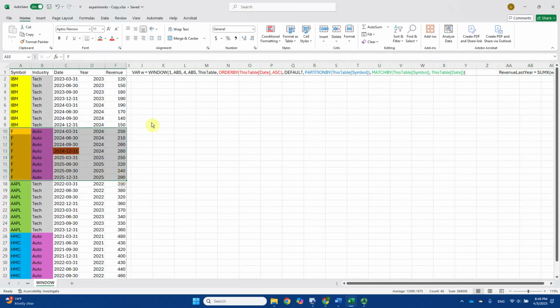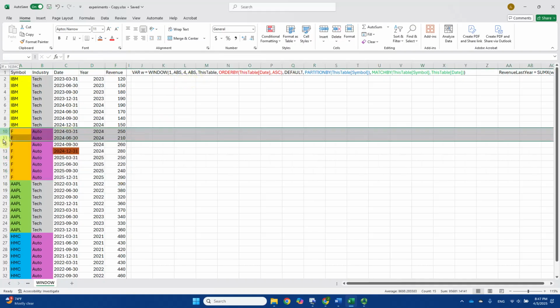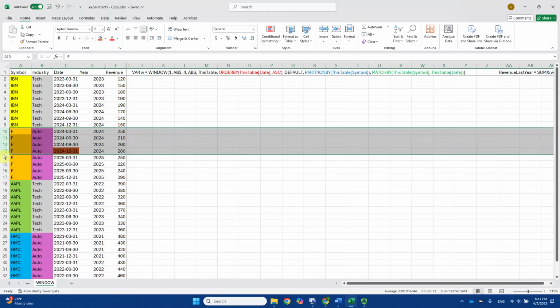So within this orange block we're taking 4 rows. The first row is going to be the very first row in this block, and the last row we're going to take is the 4th row in this block. So we're basically taking 1, 2, 3, 4, these 4 rows.